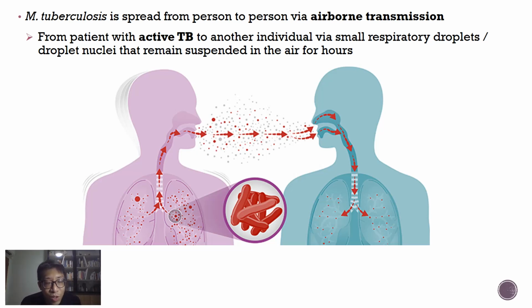A patient who has the TB bacterium inside his lungs, and is able to cough or sneeze out droplets containing the bacterium, would have active TB.